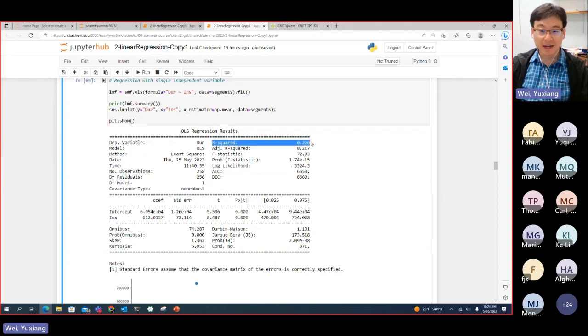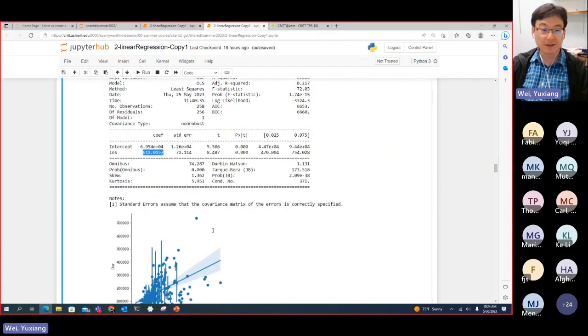So we have the R squared, which, as Michael explained, indicates how well our model explains our data, or more specifically, how much percent of the variance in the dependent variable can be explained by the independent variable. And we are also interested in the coefficient for the independent variable.